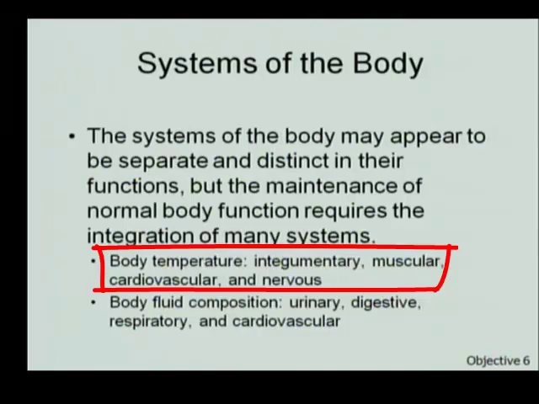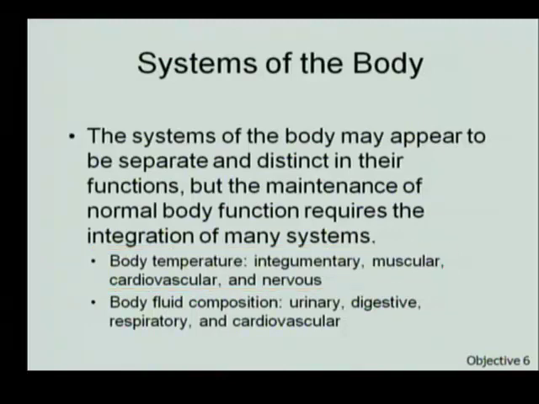All of these organ systems interact to help regulate body temperature. And so we'll be touching on the regulation of body temperature, not just in this module, but also throughout the course as we look at these different modules.